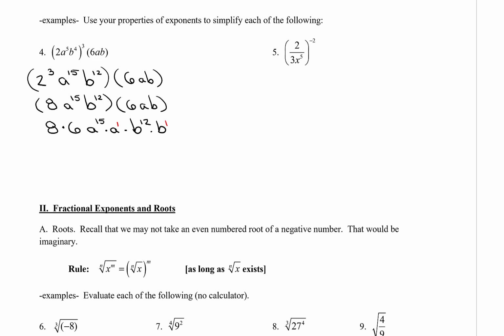So this will give me 48 a raised to the 15 plus 1 power and b raised to the 12 plus 1 power. So it'll be 48 a to the 16th power, b to the 13th power, and I'm going to box that in.